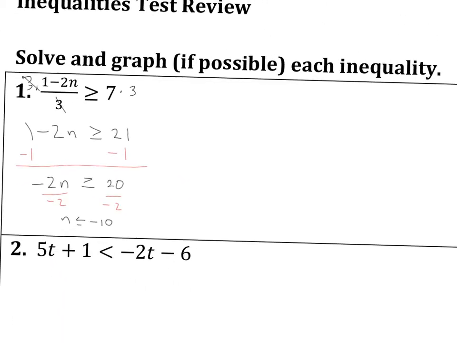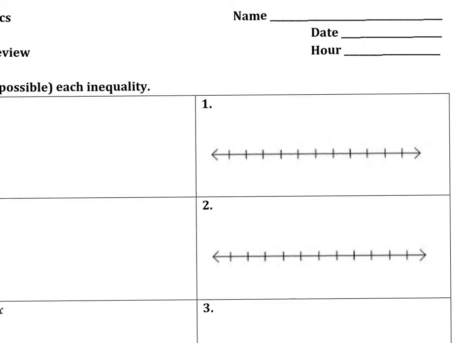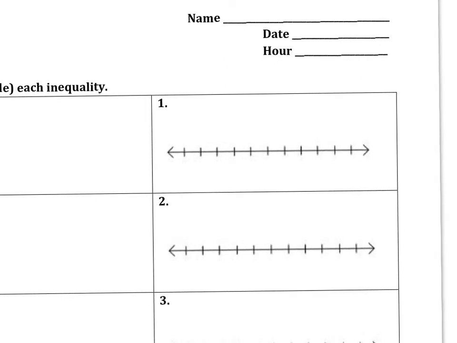So now we branch on out over here. We want to go to negative 10. So I'll put a 0 right here. And then we'll go negative 2, 4, negative 6, negative 10.